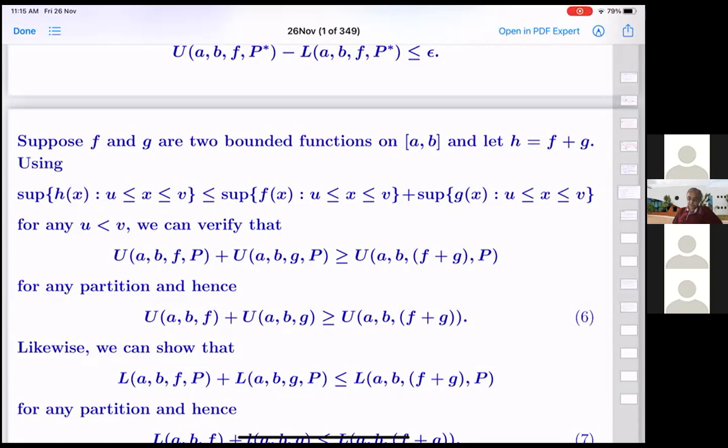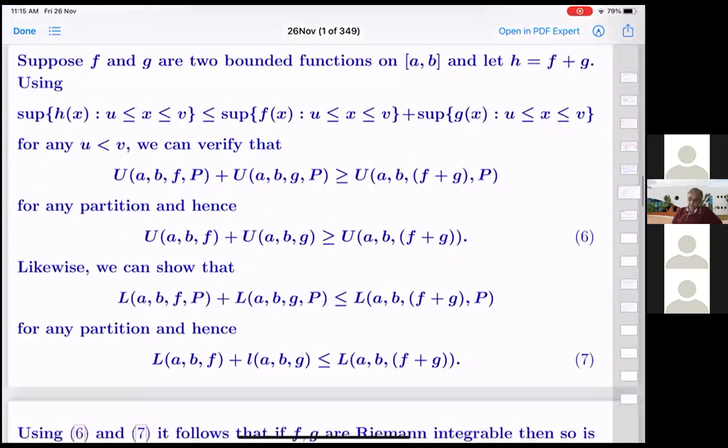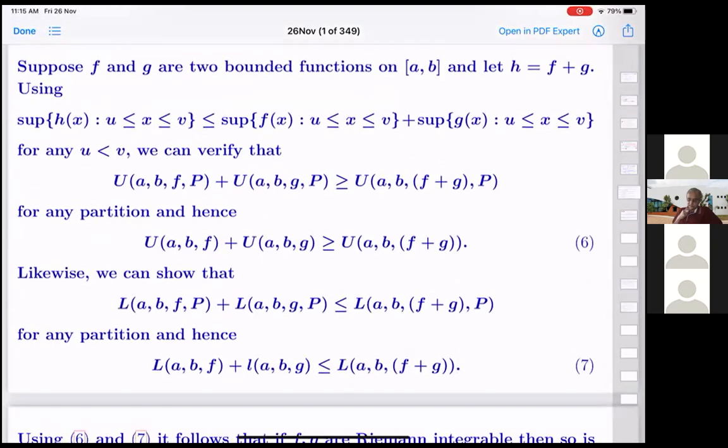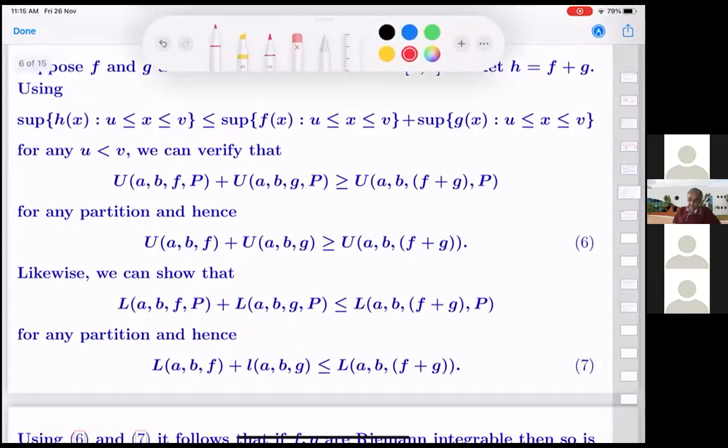So the sum of upper bounds is greater than or equal to the upper bound of the sum, and likewise the sum of lower bounds of each is less than or equal to the lower bound for the sum. Why this? I wrote small l, typo mistake. This is capital L.